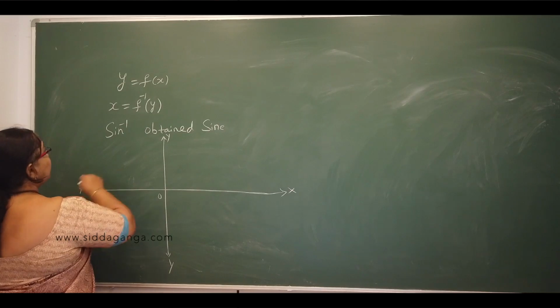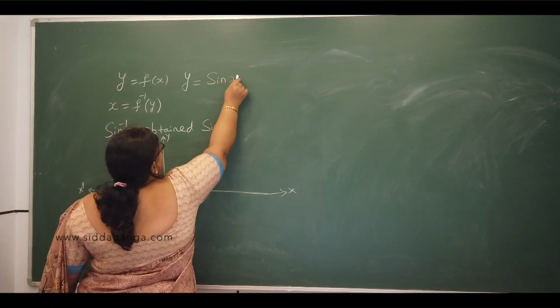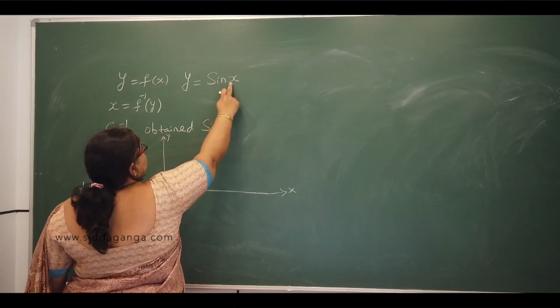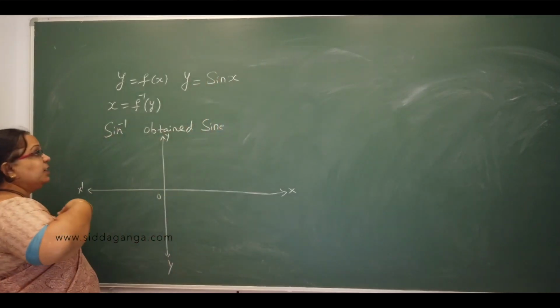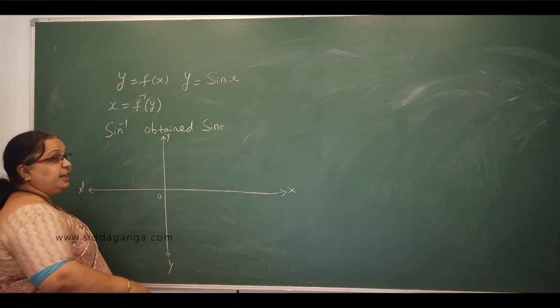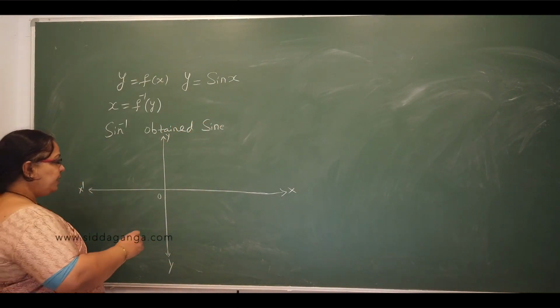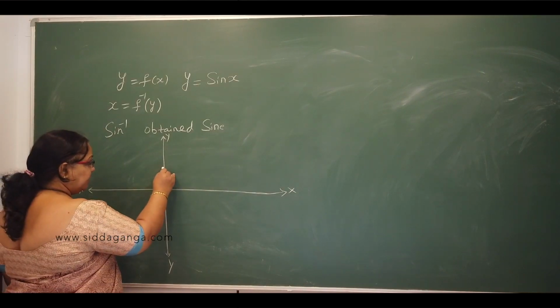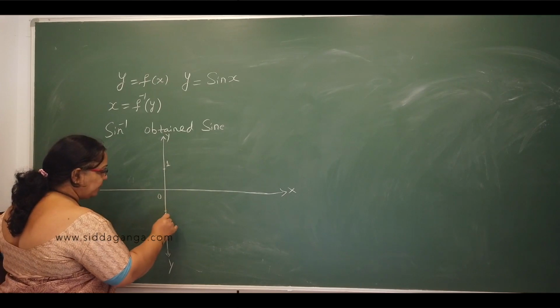The domain of the sine function is nothing but the real numbers, and the range, the value of y, lies in the closed interval -1 comma +1, which means that it doesn't exceed above the value 1 and below -1.